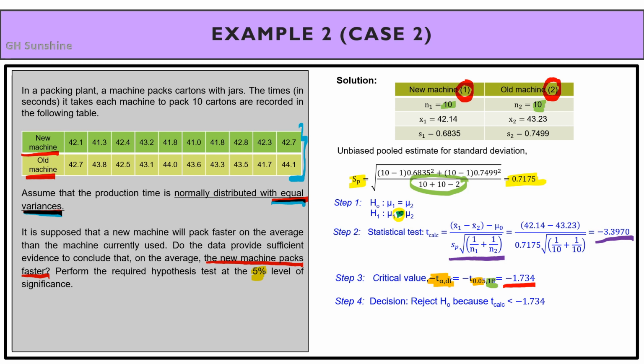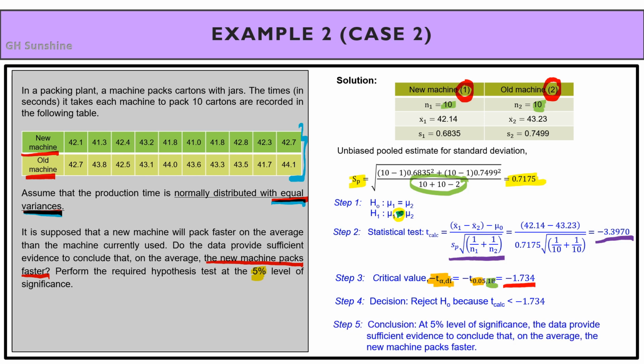Reject H0 because T calculation less than negative 1.734. So what is the conclusion? At 5% level of significance, we can conclude that the data provides sufficient evidence to conclude on the average the new machine packs faster. So this one, the example to apply second case.